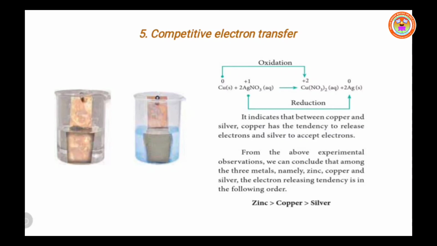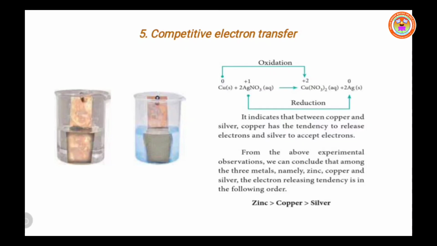Here the silver nitrate solution becomes copper nitrate solution; that is, copper replaces silver from silver nitrate. It indicates that between copper and silver, copper has the tendency to release electrons and silver to accept electrons.